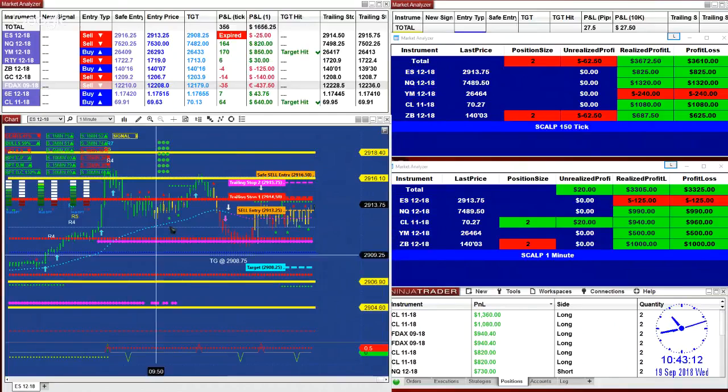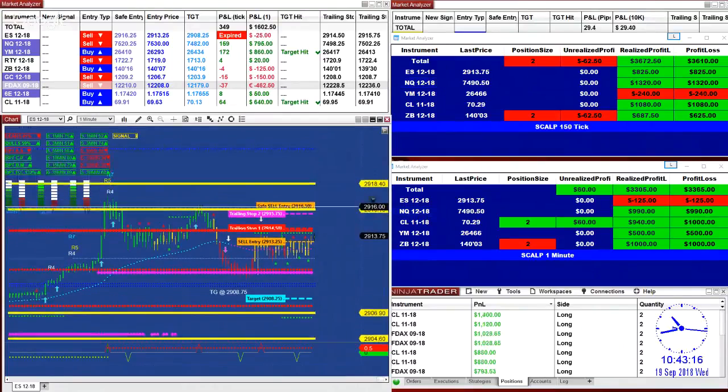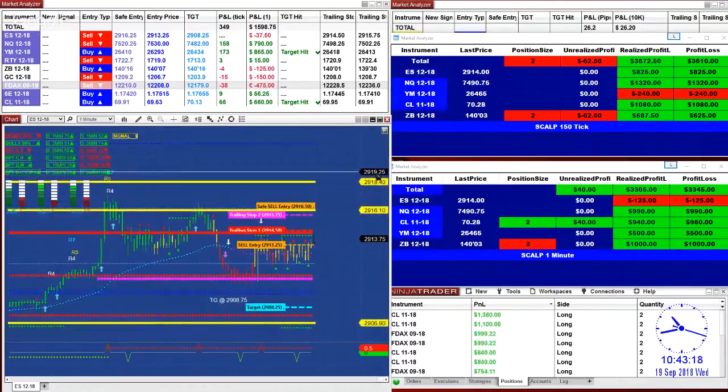It seems like we're about to get a new signal on the ES, so keep your eye on the ES and keep your eye on this column.